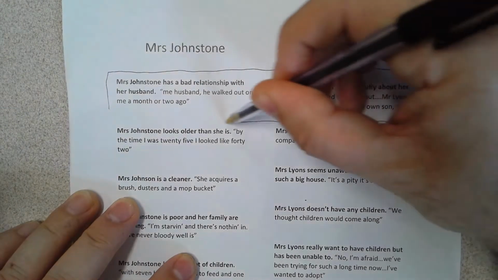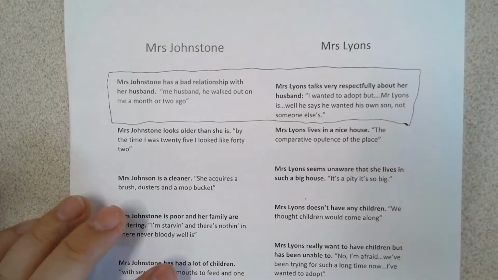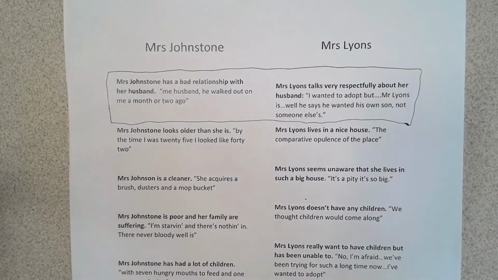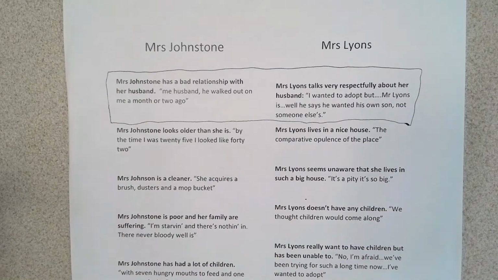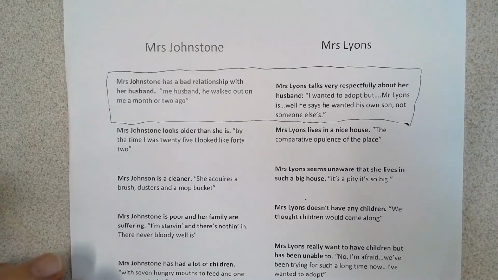I've put them at the top deliberately, because these two ideas link the women together. It's about their relationships with the men. I want to use these two quotations and these two statements to write my analysis.